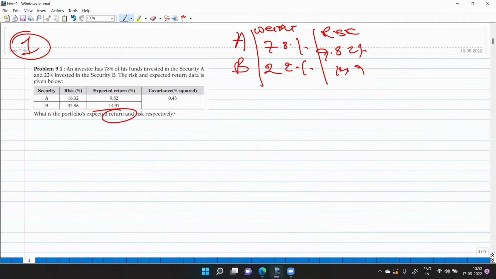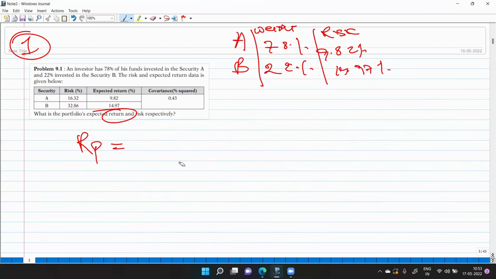9.82% and 14.97%. Now, when I'm talking about the expected return of the portfolio, what I have to do: 78%, let's keep everything in decimals, 78 by 100.